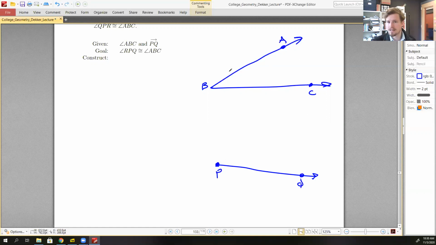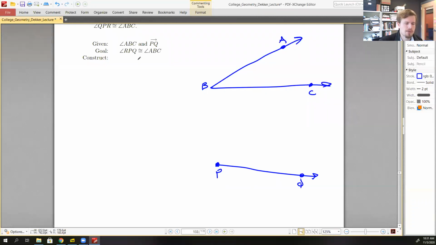And I want to copy this angle onto that line. So I'm given an angle and I'm given a ray, and I want to construct the angle RPQ so that it is congruent to angle ABC.